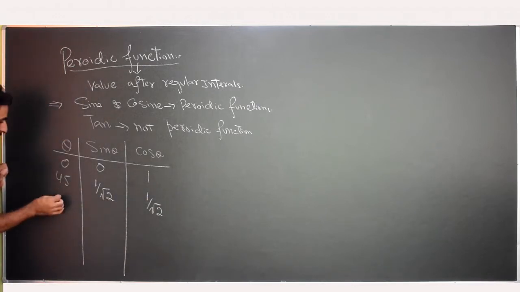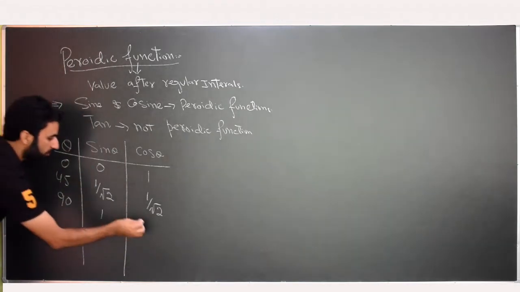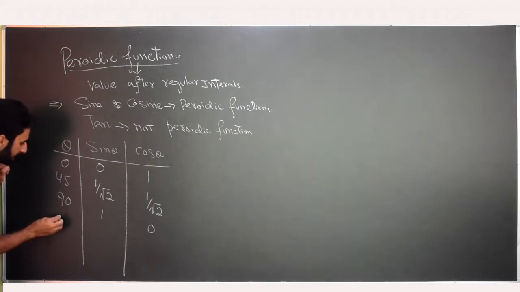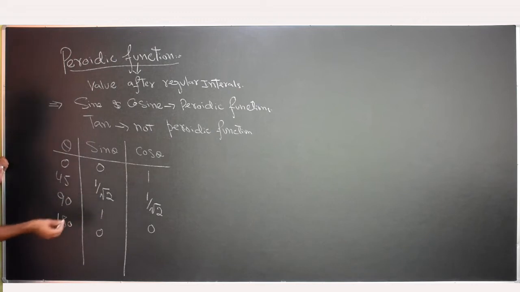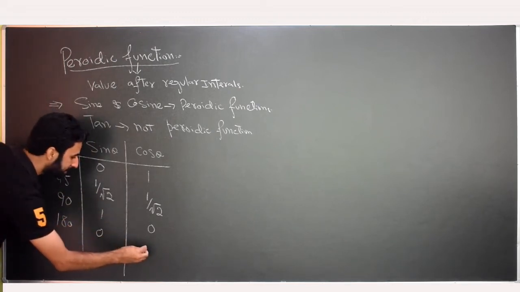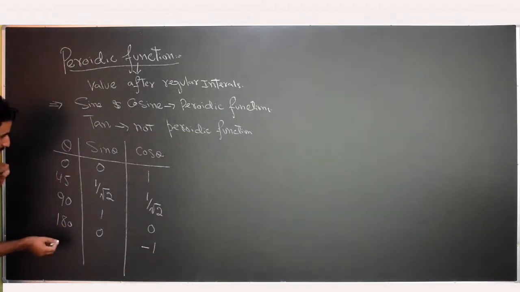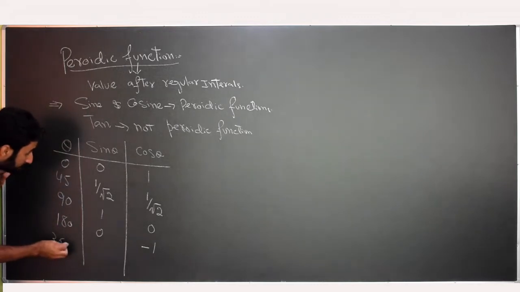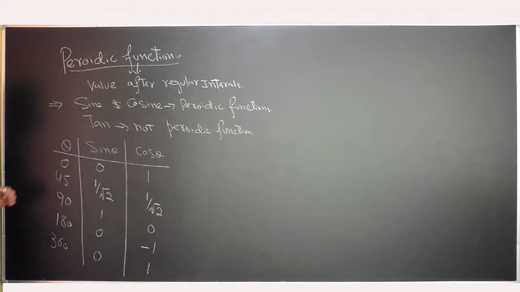Then we take 90, sine of 90 is 1, cos of 90 is 0. Then we take 180, sine of 180 is again 0, cos of 180 is minus 1. Then 360, sine of 360 may again come to be 0, and cosine again comes to be 1.